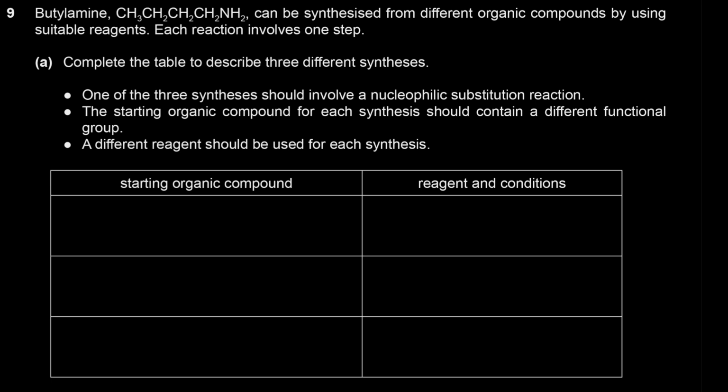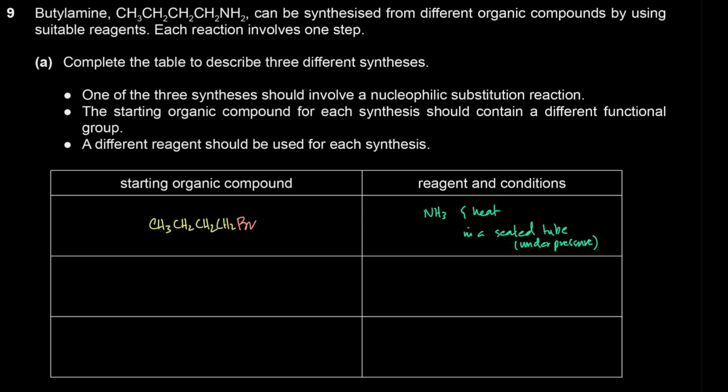For example, if I start with 1-bromobutane, and I react this with ammonia under pressure, or heat in a sealed tube, the reason we're heating in a sealed tube is because we need to heat under pressure. Then I will end up making an amine. This is nucleophilic substitution of halogenoalkanes.